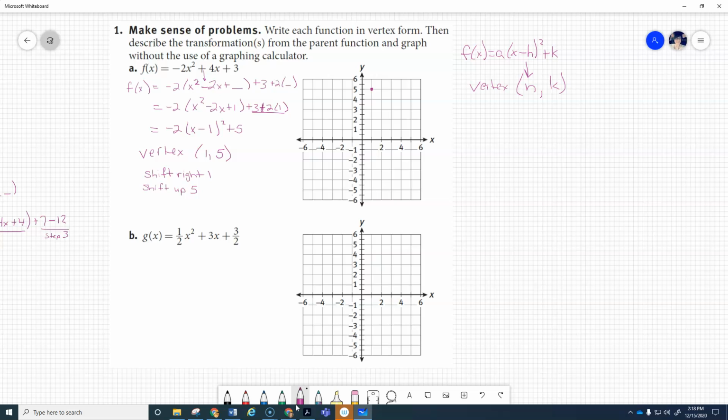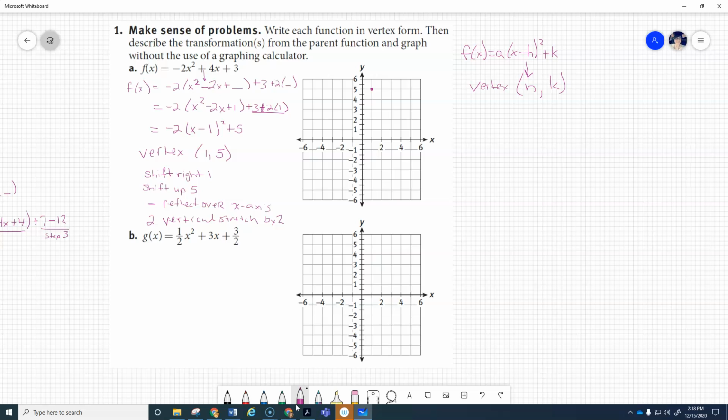And then the negative is a reflection over the x-axis. And then the 2 causes a vertical stretch by a factor of 2.